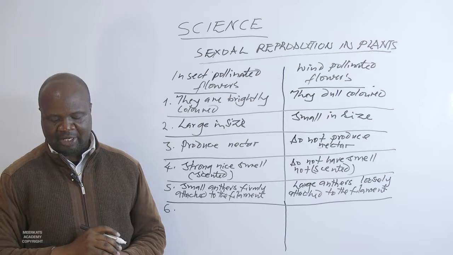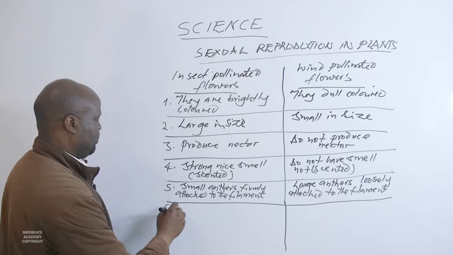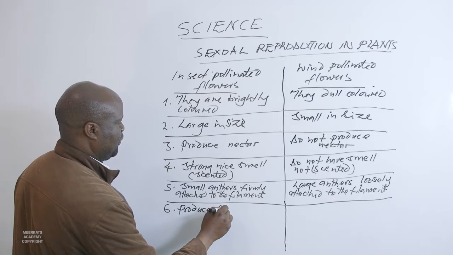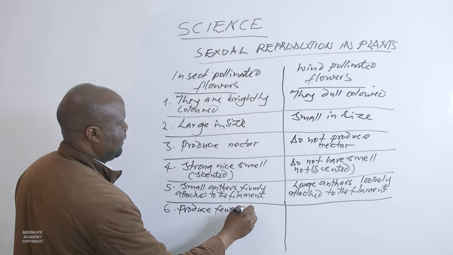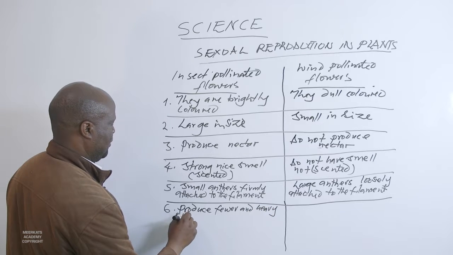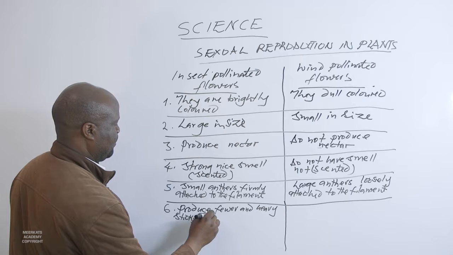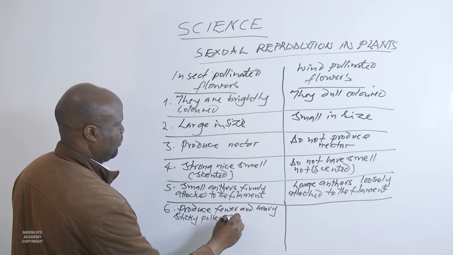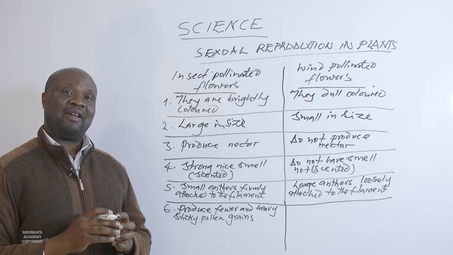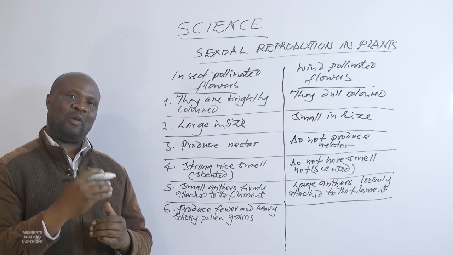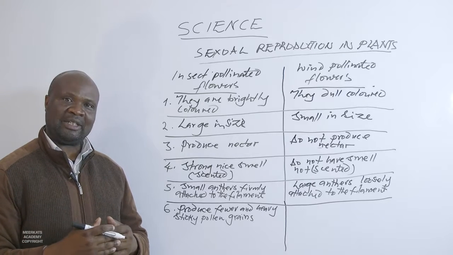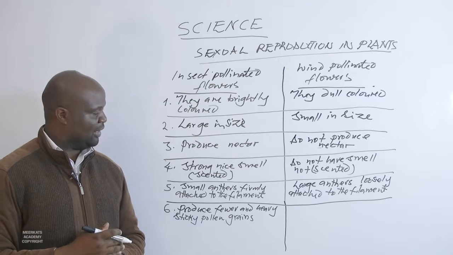Insect-pollinated flowers produce fewer, heavy, sticky pollen grains, so that once the insect passes by, they will stick to that particular insect so that it can move them to the stigma.